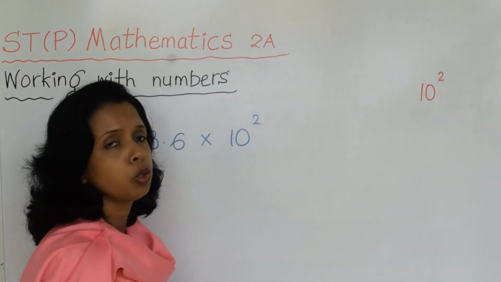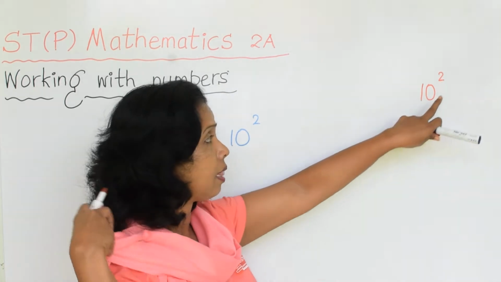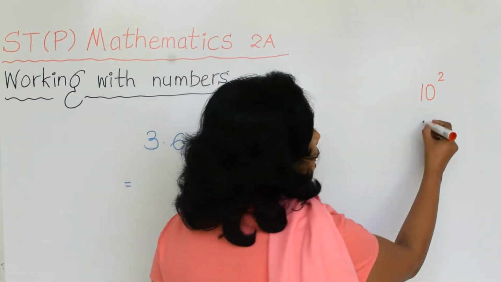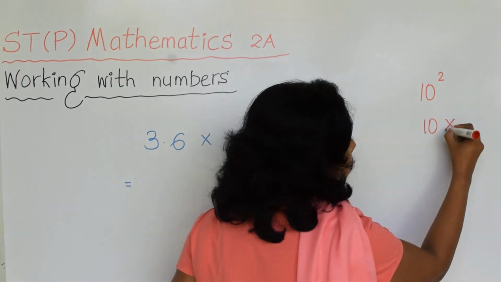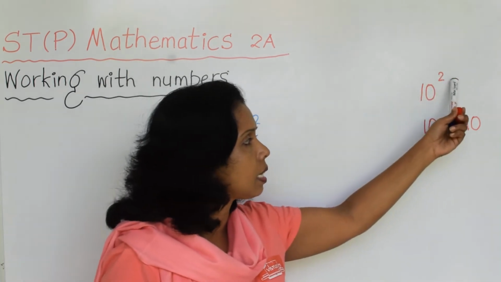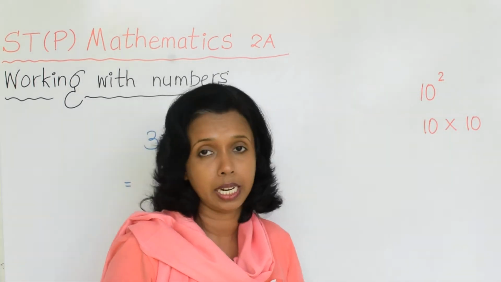10 to the power 2, the base is 10, right? Base is 10 and the index is 2, right? Then that means you want to multiply 10 2 times, right? Because this index tells us to multiply the base value 10 2 times.